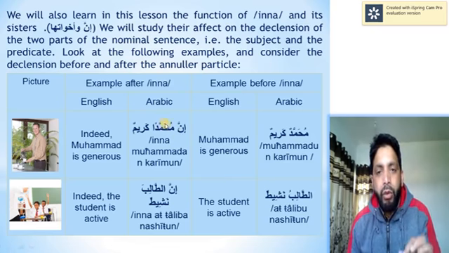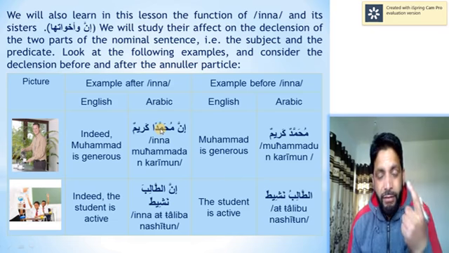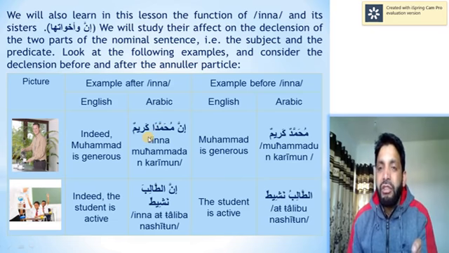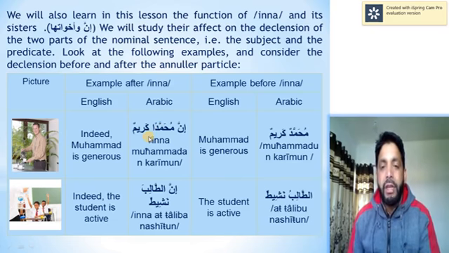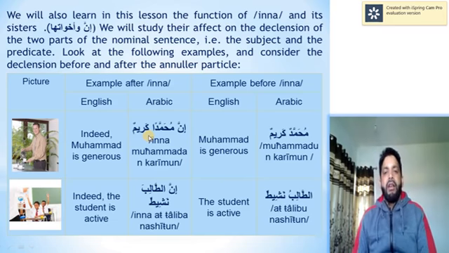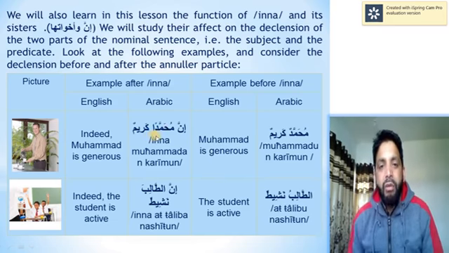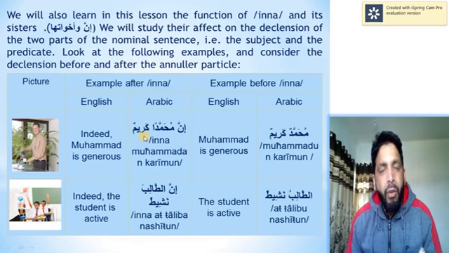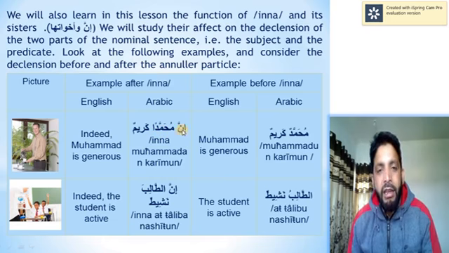So when we use this on a nominal sentence, what became? Muhammadun became Muhammadan. So the first change came into its structure. Its case changed. We don't say that this noun Muhammad is a mubtada anymore. Why? Because this inna cancels its ruling. Now Muhammadan will be the noun of inna.